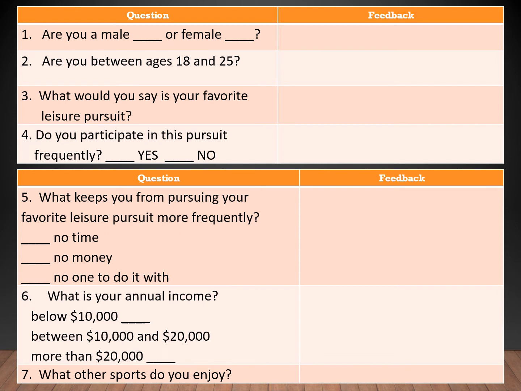What's your annual income? So if we look at below 10,000, 10 to 20,000, and more than 20,000, we're very limiting in how we're structuring this. So I would recommend opening this up. Some people are very uncomfortable giving their income. So first thing you want to do is have a do not disclose or do not answer option. And then you want to look at what you're really trying to get out of this.